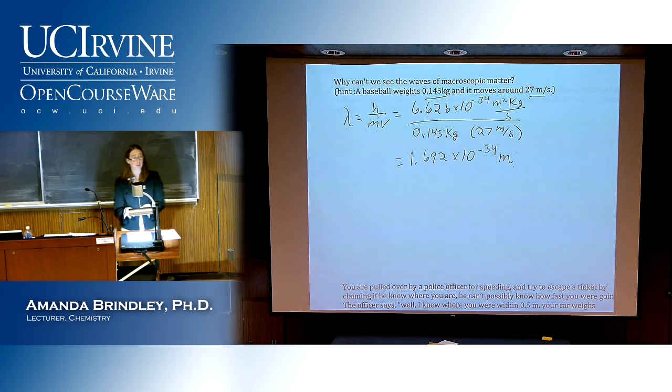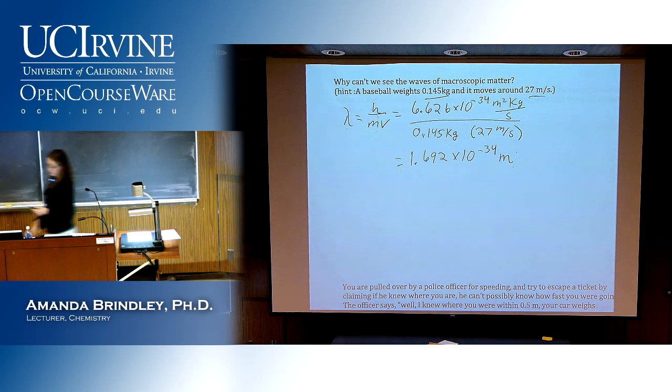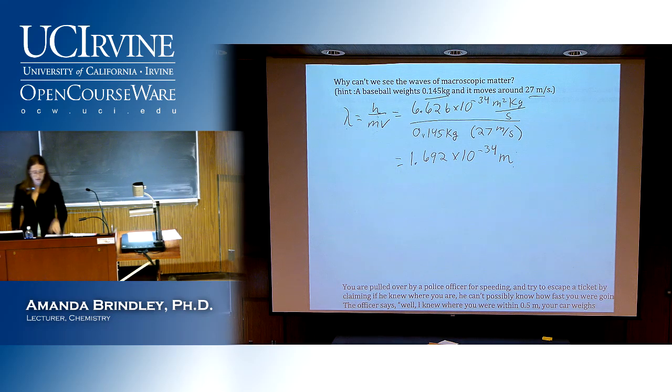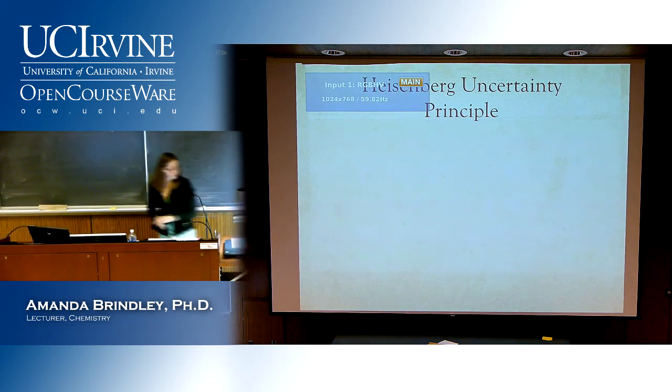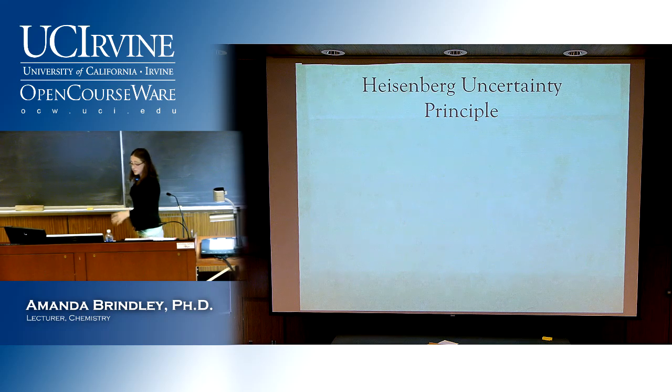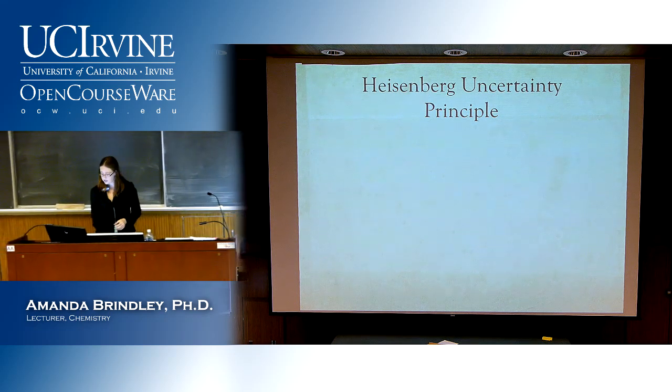It's that point where our measurements aren't really good enough and it doesn't really make any difference anymore. Something like an electron or a proton or a neutron, it definitely matters for. Something like a baseball, not so much. Okay, so now we get to move on to something called the Heisenberg uncertainty principle.